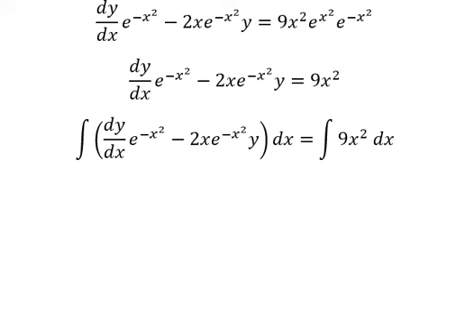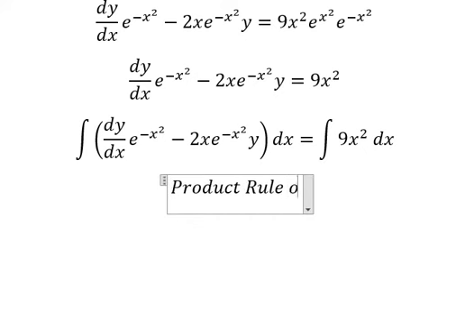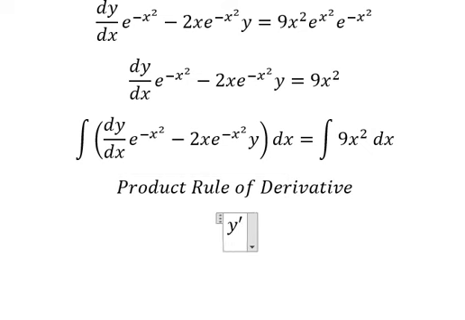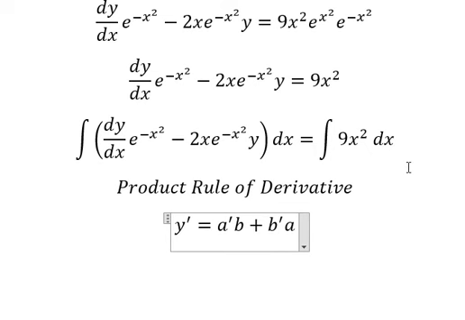Now we can use the product rule of the derivative. So we have first derivative of y equals first derivative of a multiplied by b plus first derivative of b multiplied by a.